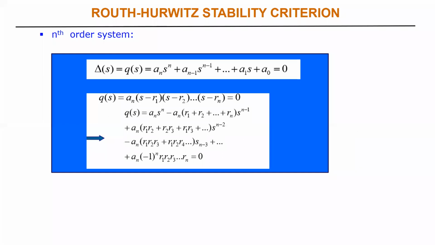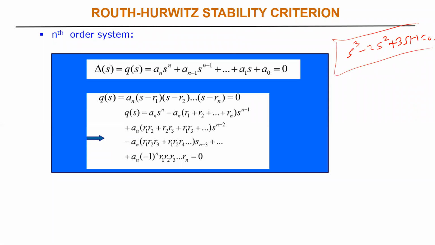The condition is that, suppose I have, let's say, s cubed minus 2s squared plus 3s plus 1 equal to 0. I can immediately say my system is unstable. Find the roots of this equation.